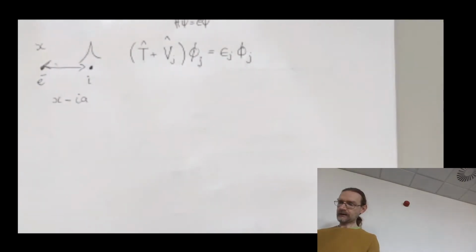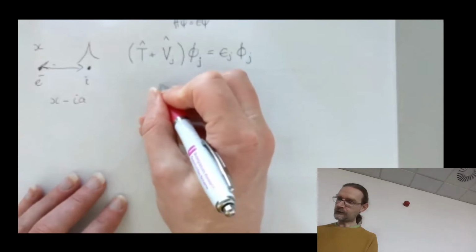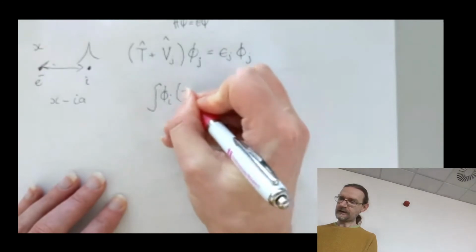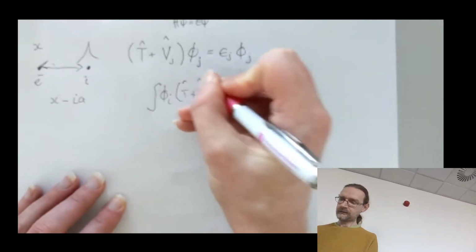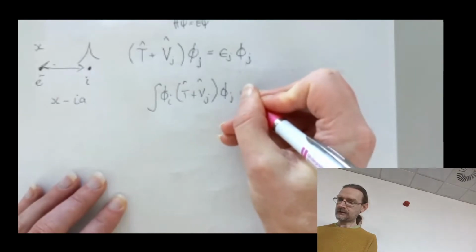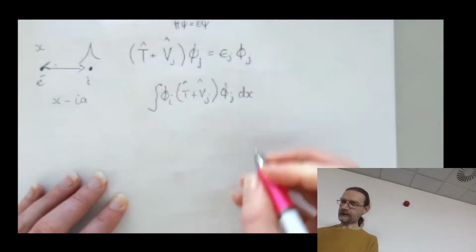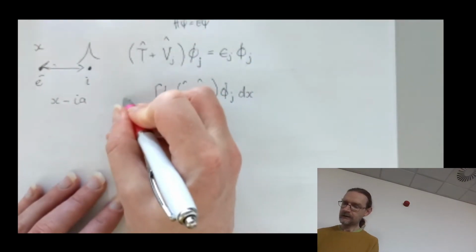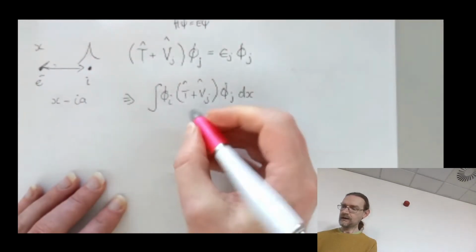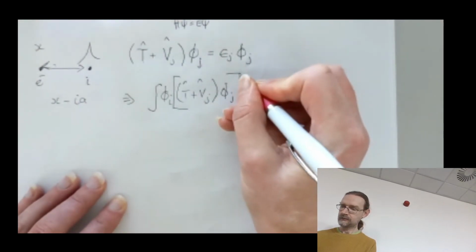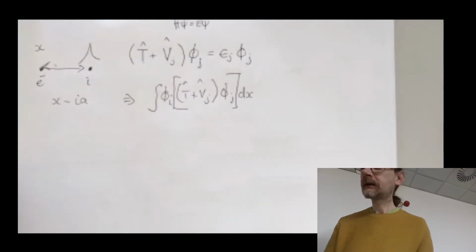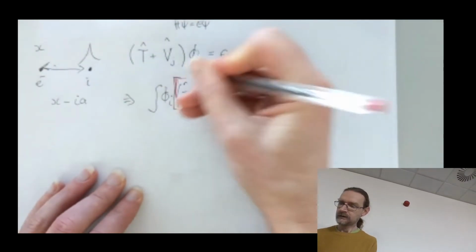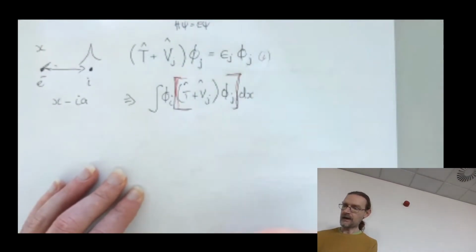So if we have an integral of phi I, T plus v j, phi j, all those things functions of x, then this bit here, we can substitute in there.